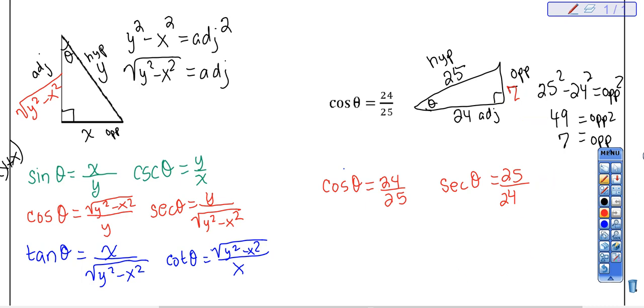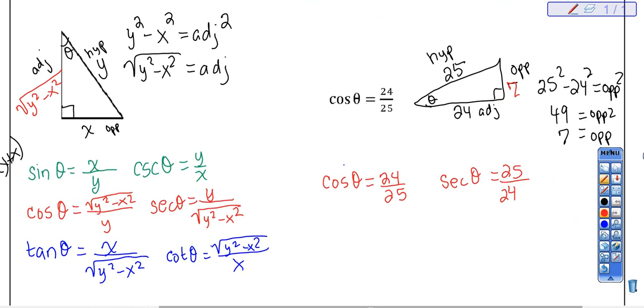All right, so now we can go on to finish this problem. Let's grab up our green pen and find our sine of theta. So let's see, Brendan, what's our sine of theta? 7 over 25. There you go, opposite over hypotenuse. And cosecant, everybody. Thank you for participating. All right, tangent of theta, we're almost done.